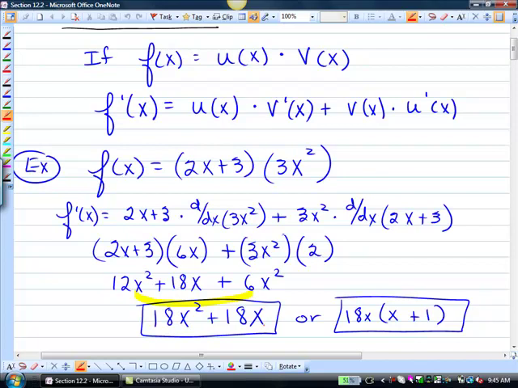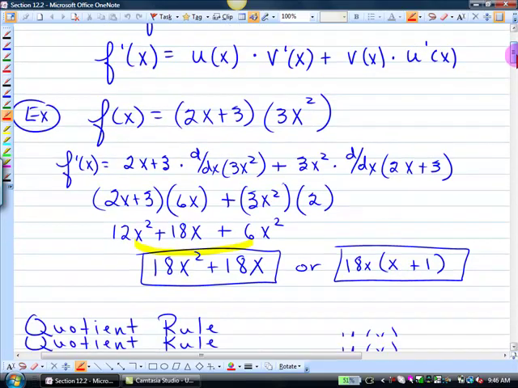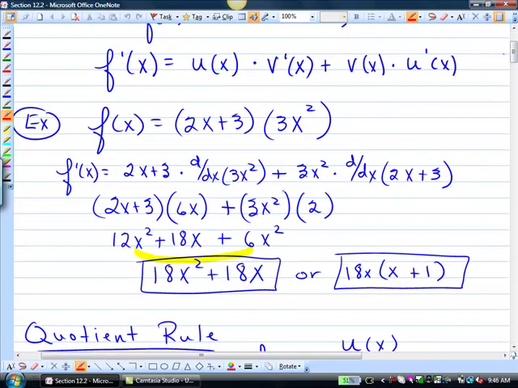And I can't remember. They may want it factored out. I really couldn't remember when I was doing this one. So you'll be able to see. You could check. Or this was an example, so this wasn't one out of the problem set anyway. Do you get the idea? We're going to work enough of them that the rule will become a lot easier.